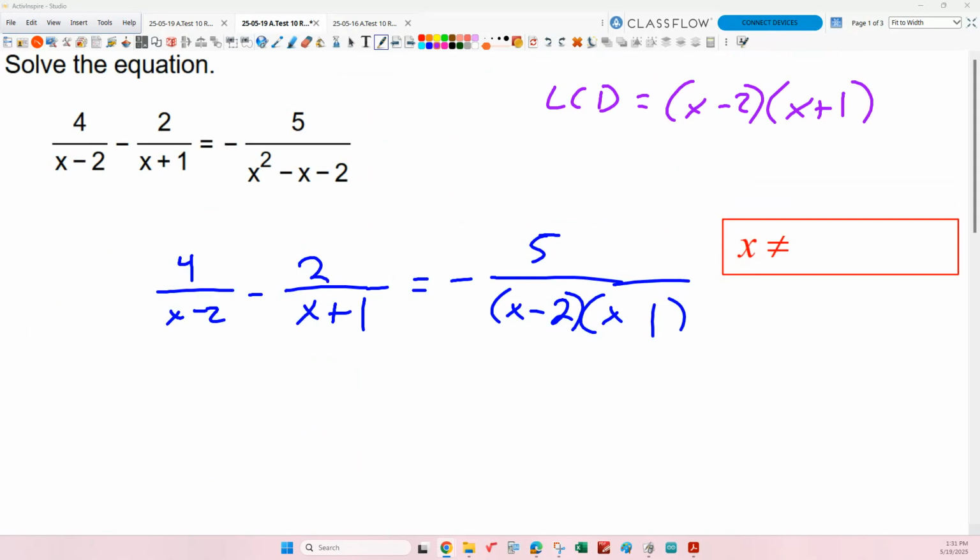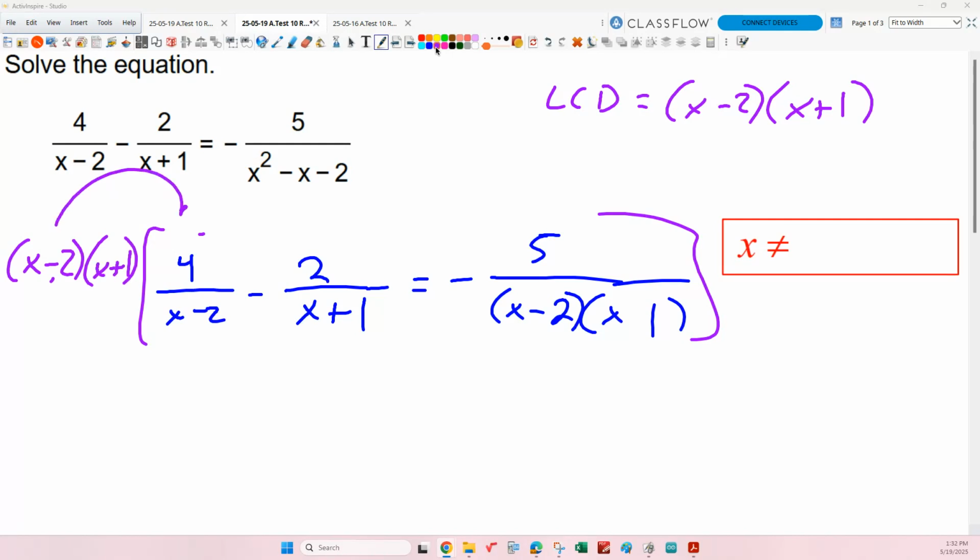If I distribute that through the whole thing, look what happens. I get 4 times (x minus 2)(x plus 1) is what my first fraction becomes. I'm going to do this in 2 steps. So we're just going to distribute through the entire thing, (x minus 2)(x plus 1).